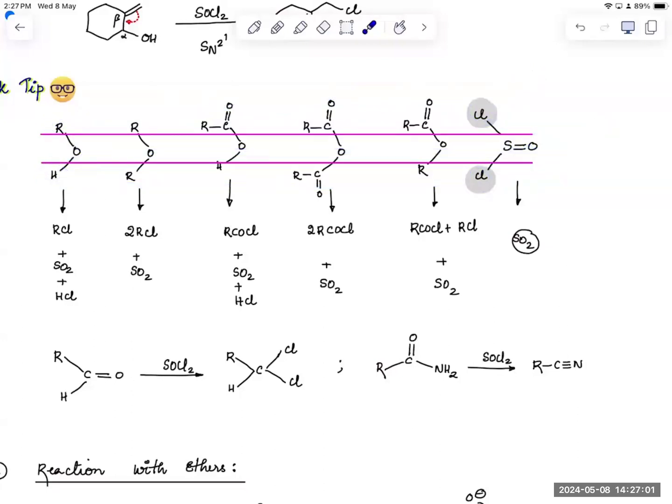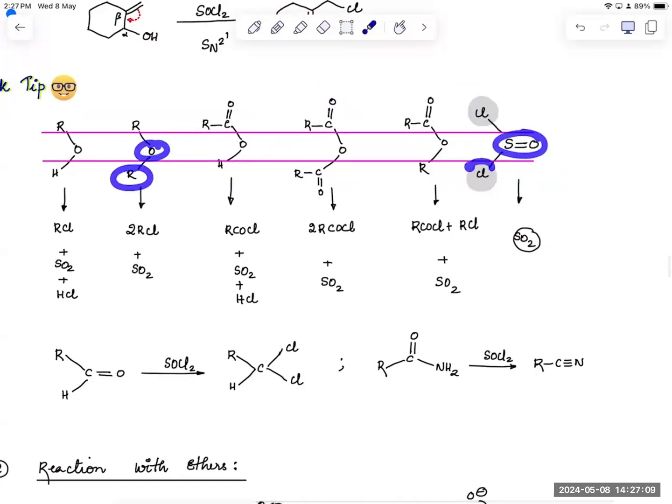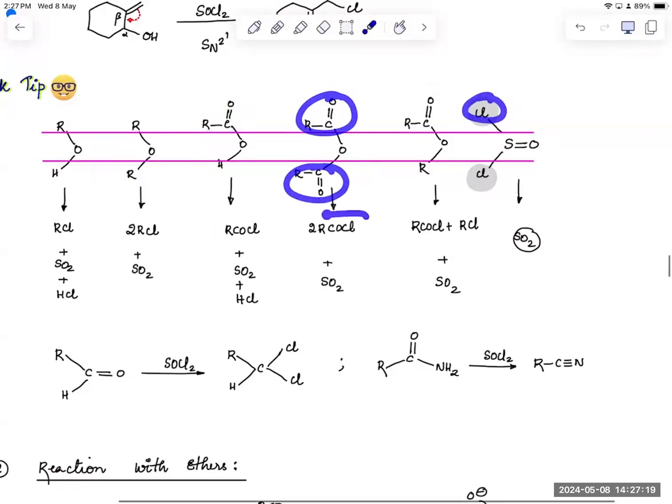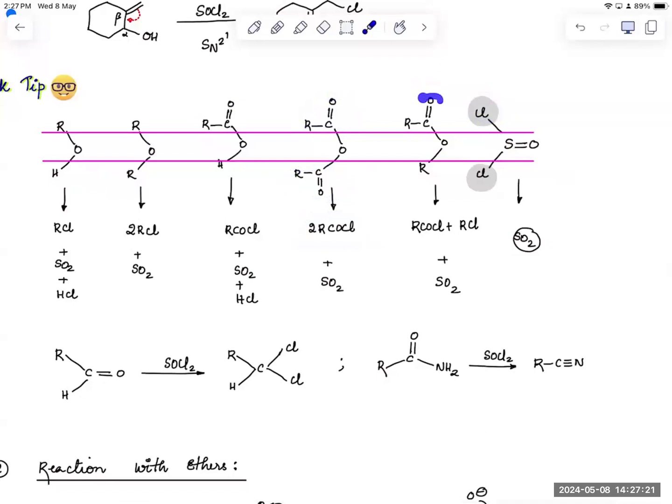The same happens with acids: the OH and Cl go away, and the oxygen and SO go away. So acid chloride will form, R double bond Cl, and here also R double bond Cl. So two types of acid chloride will form. In esters, RCl will form, and one more RCOCl will form.